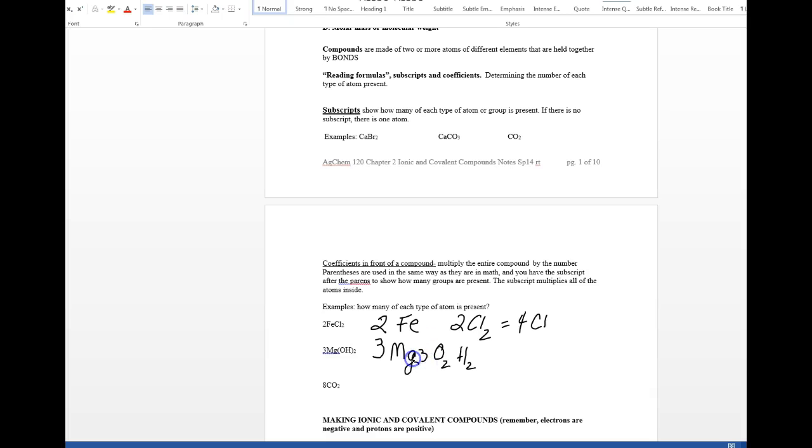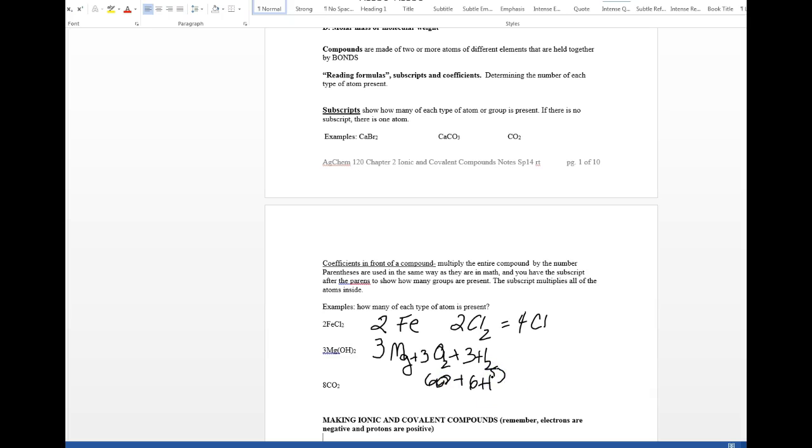I'm getting it on top of each other, I need to erase that. Excuse my writing. So we've got 3 O plus 3 H... essentially, that means I have 6 O's and 6 H's up here.